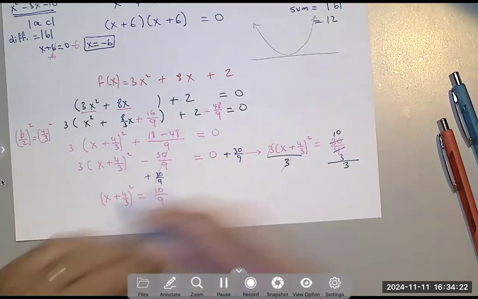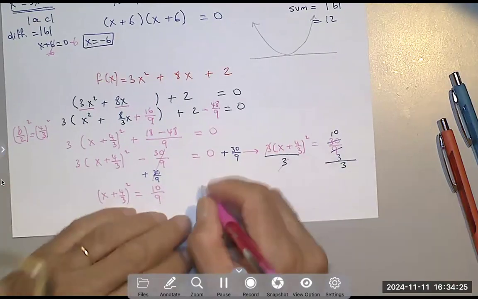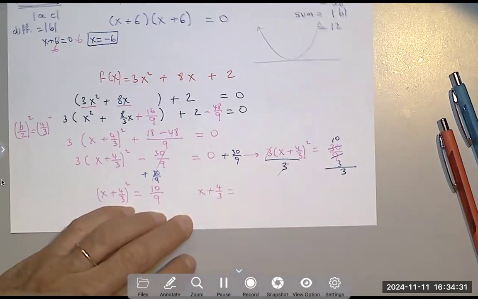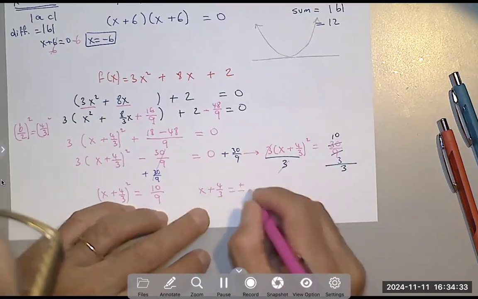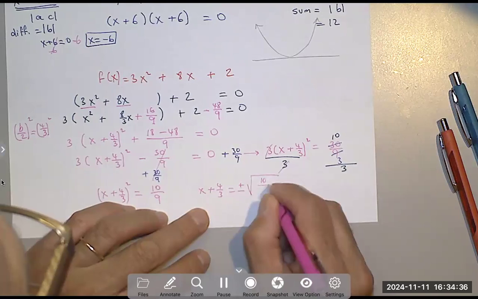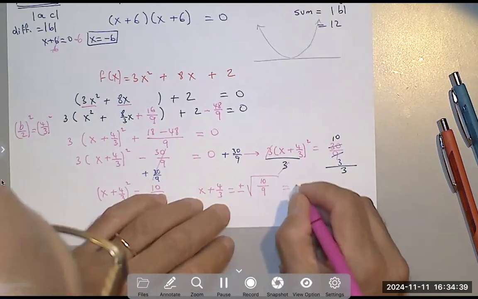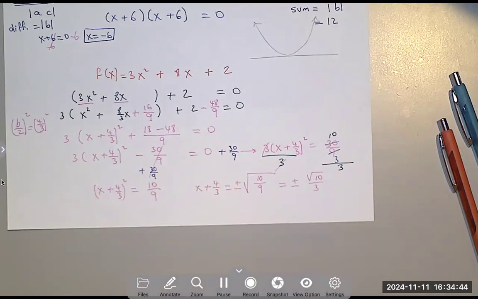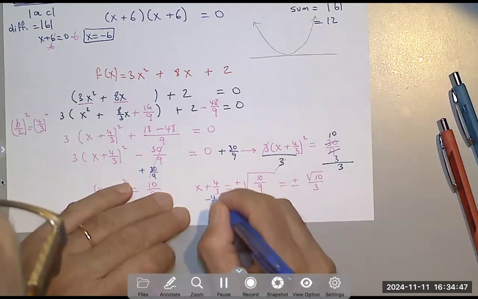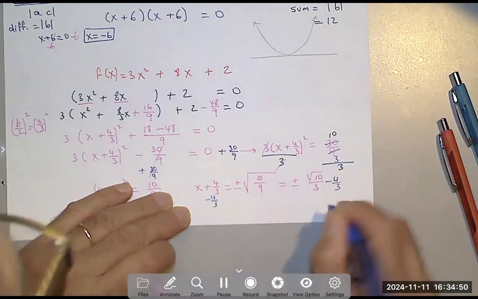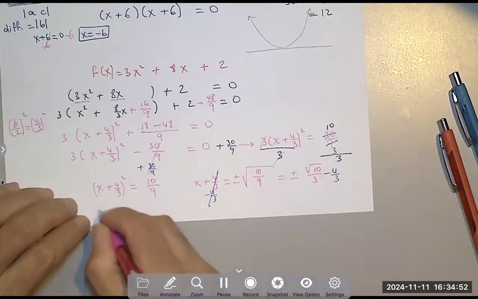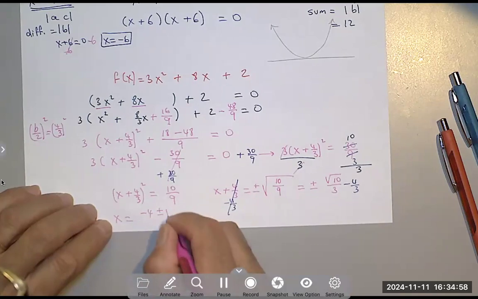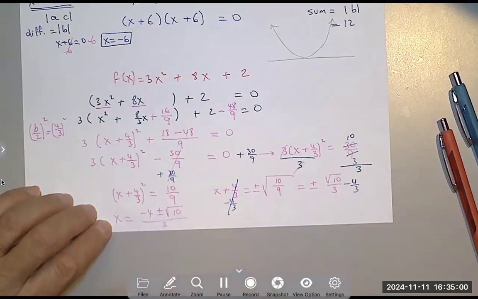I take the square root of both sides, left-hand side, x plus 4/3. What is the right-hand side? Don't forget, plus or minus the square root of 10/9, which is plus or minus the square root of 10/3. Now, finally, I'm going to subtract 4/3 from both sides, and I get x equals -4 plus or minus the square root of 10/3.